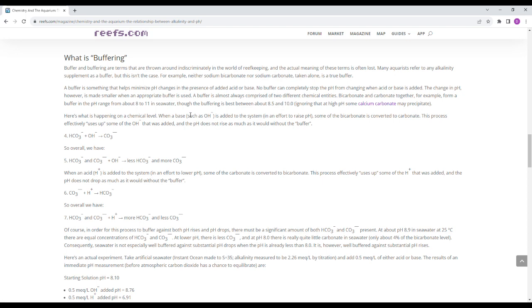When a base such as OH minus is added to the system in an effort to raise pH, some of the bicarbonate is converted to carbonate. This process effectively uses up some of the OH minus that was added, and the pH does not rise as much as it would without the buffer.